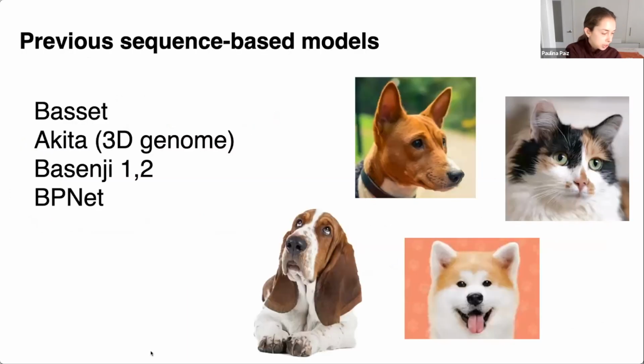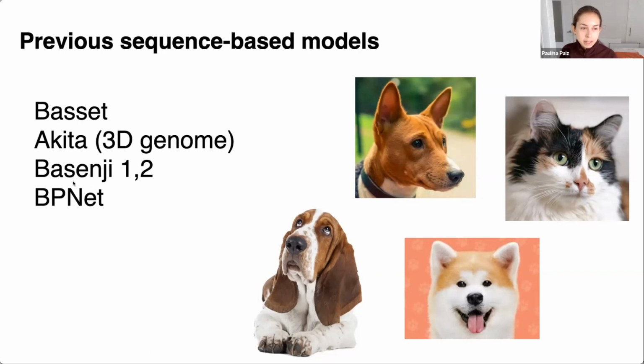And when we talk about sequence-based models, there have been many before Enformer, actually. And so Enformer is trying to build and improve upon them. If you've heard about Avsec, Akita has to do more with the 3D genome. Basenji is the one that is talked about most in the paper and used for benchmarking Enformer, specifically Basenji 2.